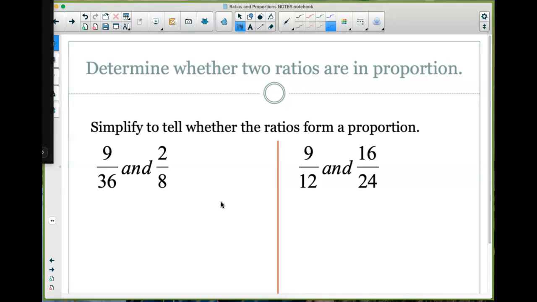Now, one way to do that, I'm going to do this first one by simplifying, is to simplify. So I want you to put this in your notes. Okay, I can take both of these ratios and simplify them. So 9 over 36. Okay, it's just a fraction that I'm going to simplify. I can divide those both by 9.